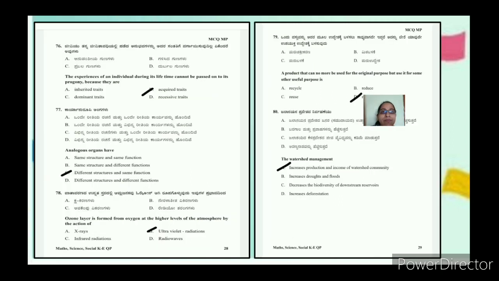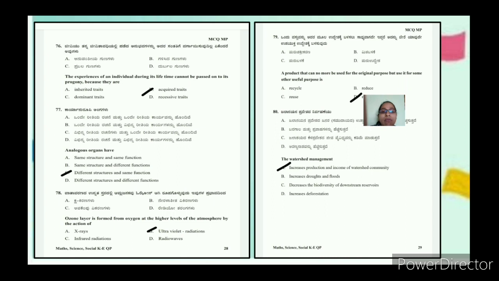Next, the experience of an individual during its lifetime cannot be passed on to its progeny. An individual acquires traits after birth. He sees the environment and also learns from nearby neighbors or relatives, or the species learns from another species, etc., and this is known as acquired traits.